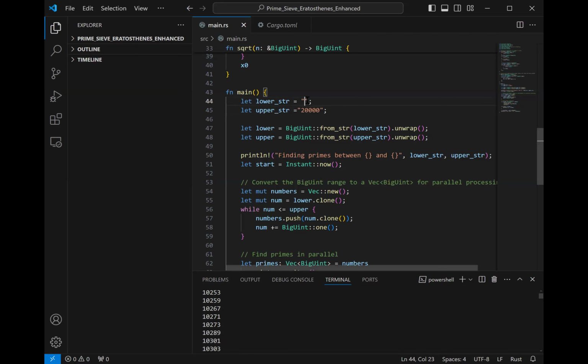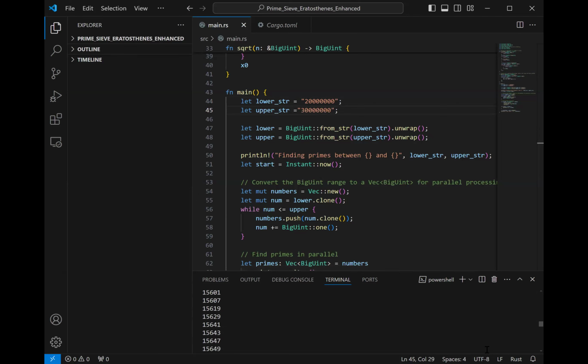Let's try from 20 million, 1, 2, 3, to 30 million. How long will it take?